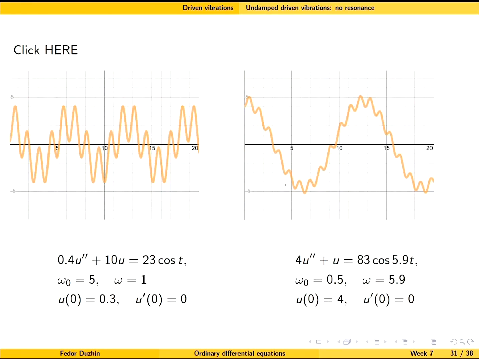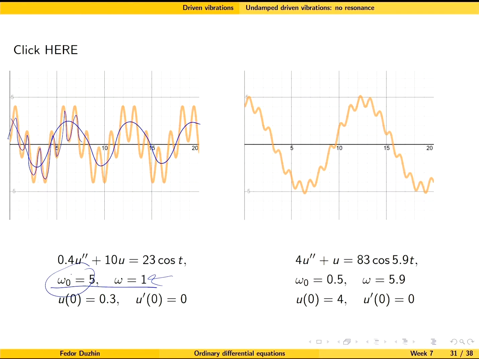And here's a couple of examples. In this case, the ratio of these two frequencies is 5, and you kind of see it. There is the general trend, which is less frequent, corresponding to frequency 1, and there is this trend which is more frequent, corresponding to 5.